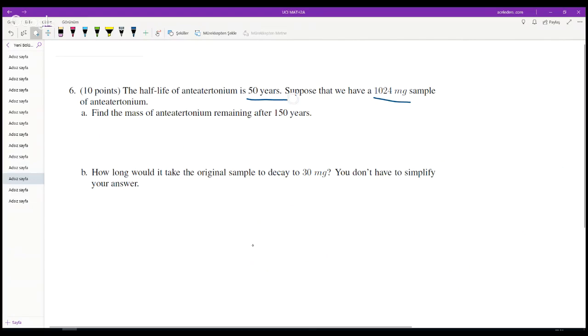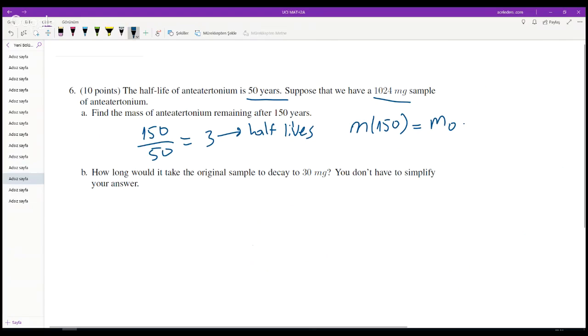So when you have something like that, you know that 150 over 50, you have 3 half-lives, right? So which means that the current mass, I'll write that in a more mathematical way. M, the mass at 150 years, equals the initial mass times 1 over 2 to the power 150 over 50, right?